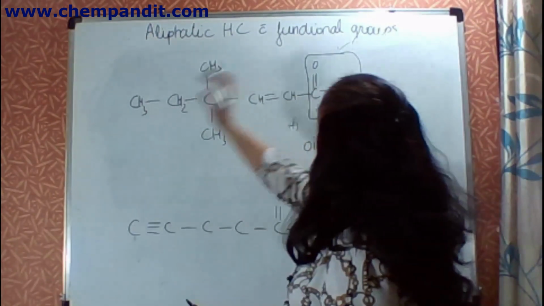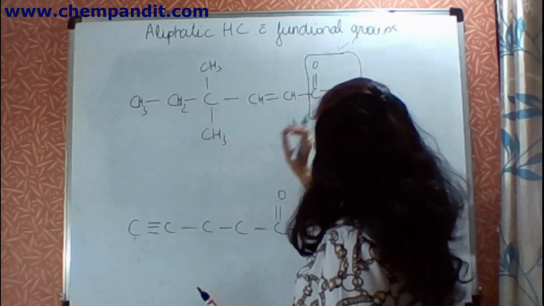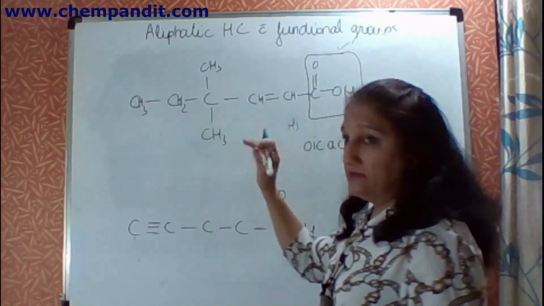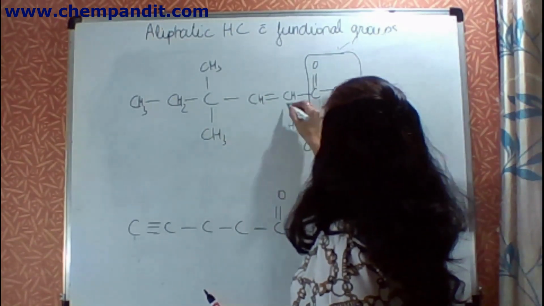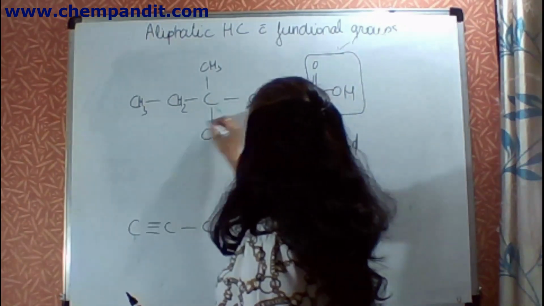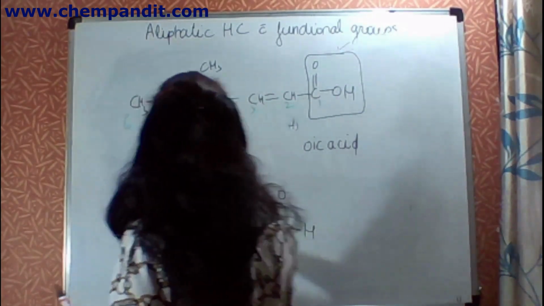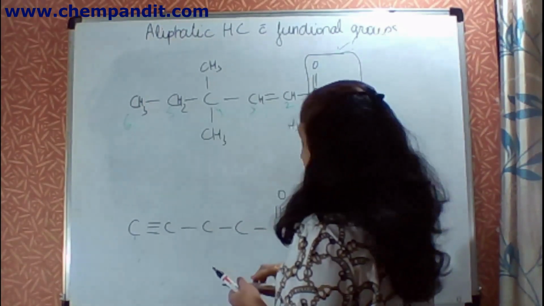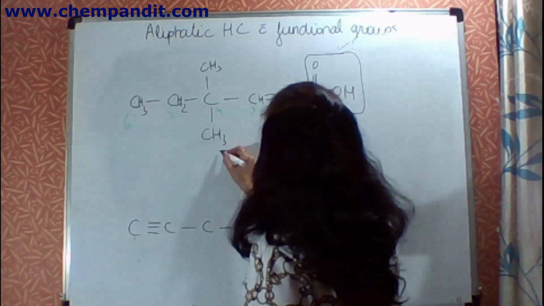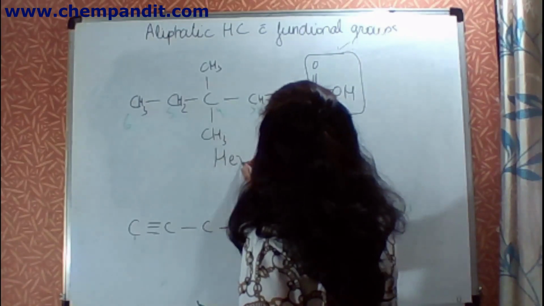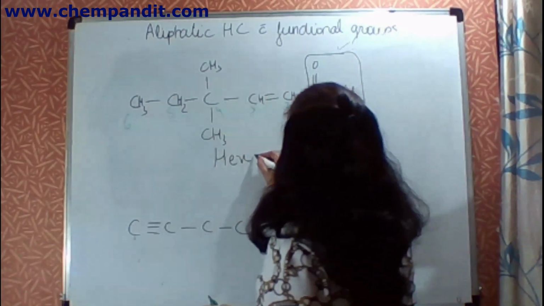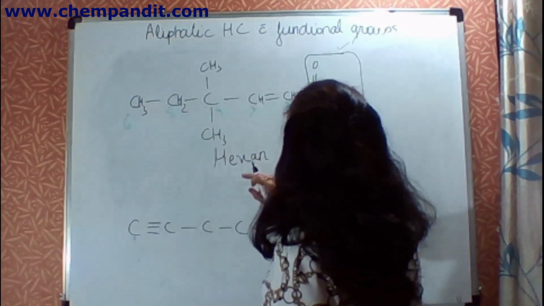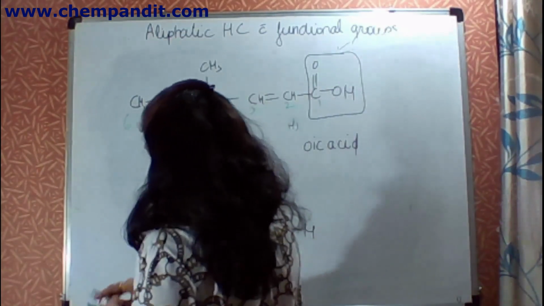Now we need to number this chain in such a way that the carboxylic acid gets the lowest number, right? So let's number it like 1, 2, 3, 4, 5 and 6. So we have a 6 carbon chain, so the root word will become hexane.